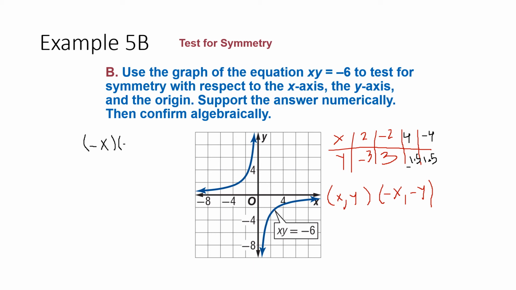For the origin, change both signs, -x and -y, and if I get the same as the original function, then yes, it is symmetric about the origin. When I multiply a negative by a negative, I get xy equals -6, exactly the same as the original function. So yes, it is symmetric about the origin.